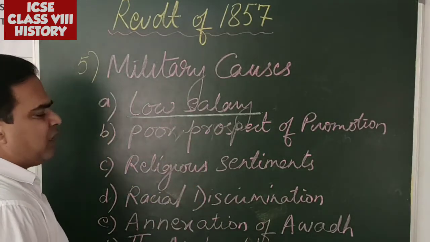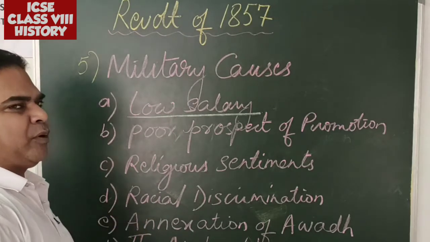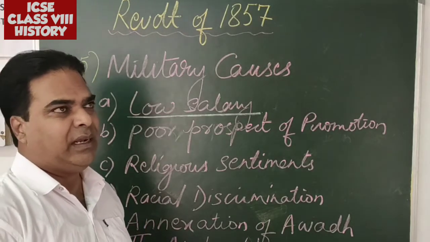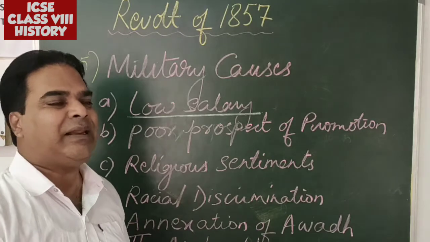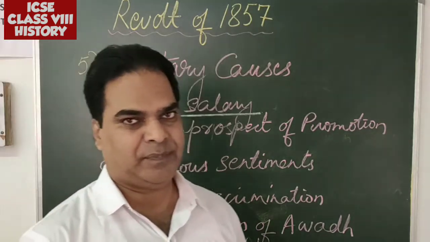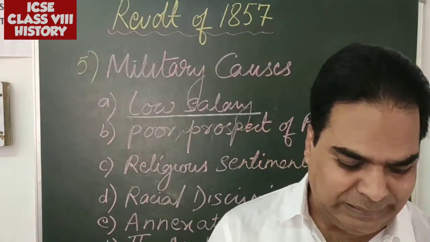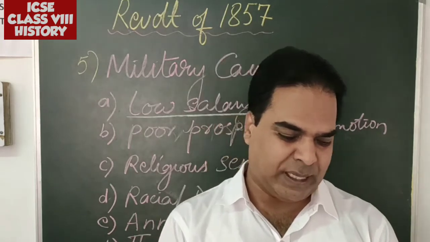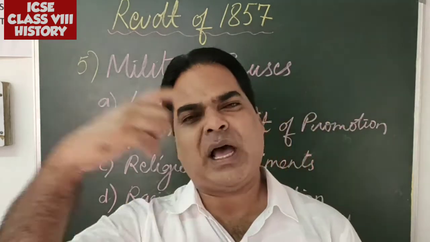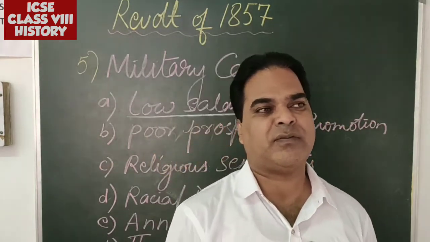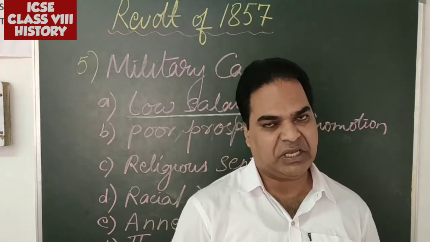Now the next one is a very poor prospect of promotion. The Indian soldiers could hardly reach up to the post of Subedar. All the high posts were reserved for the Europeans. English generals were there.